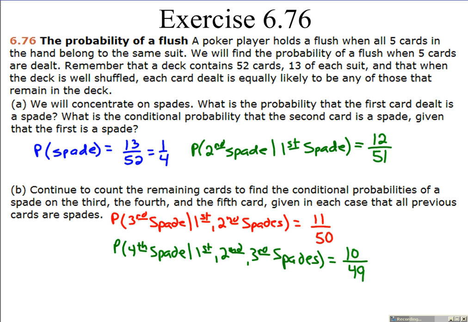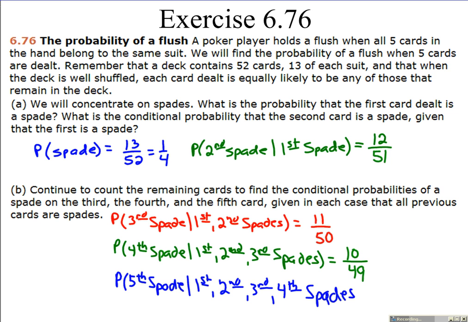Finally, probability that the fifth card is a spade given that the first, second, third, and fourth cards were spades. 1 less spade, 1 less card, 9 out of 48.